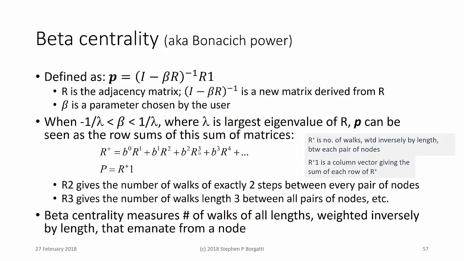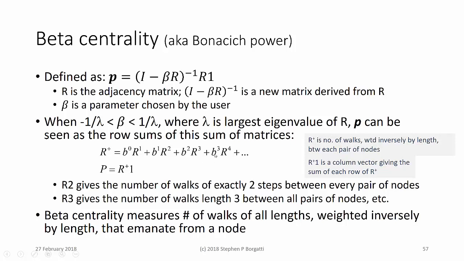And that could be A to B, back to A, and then to B. So that doesn't have to be a real path, but as long as it's 3 links, that counts. R to the 4 is the total number of walks from node i to node j that are exactly 4 links long, all the way out to infinity.